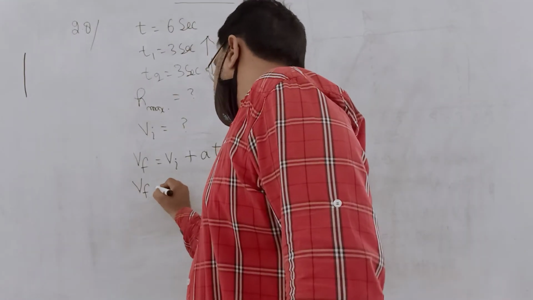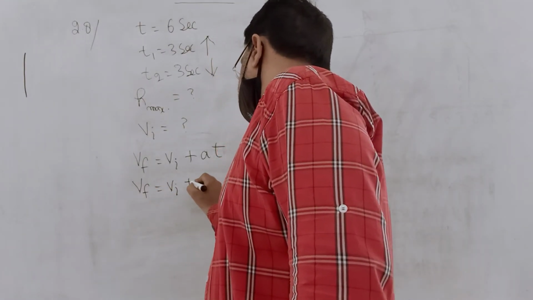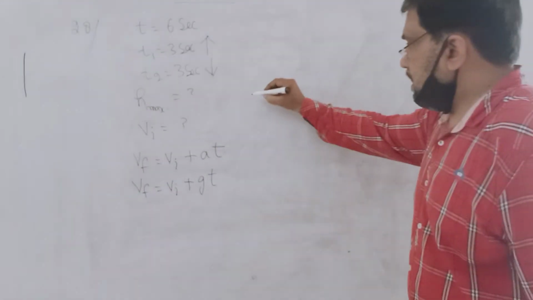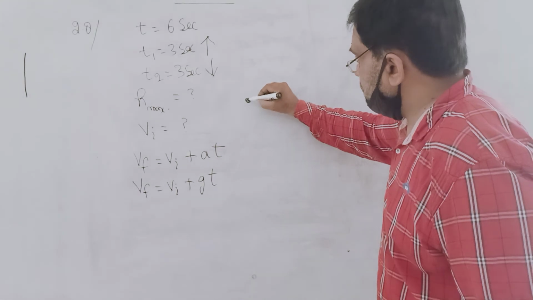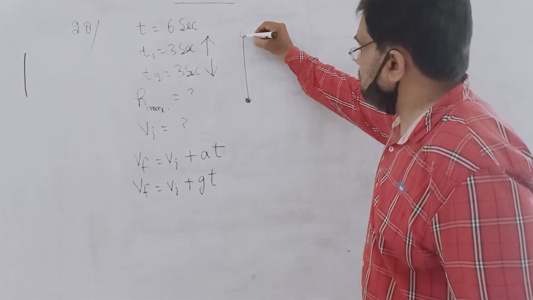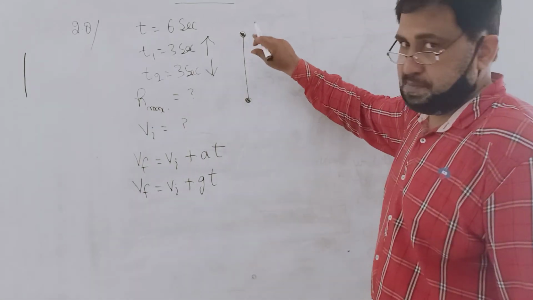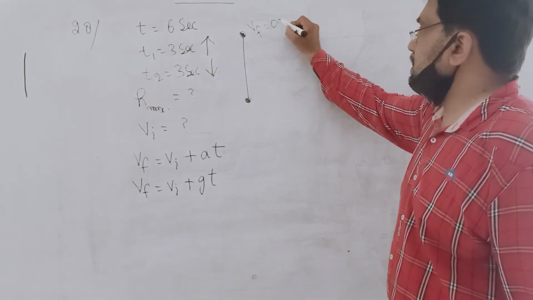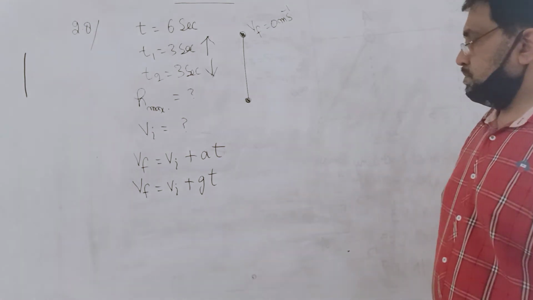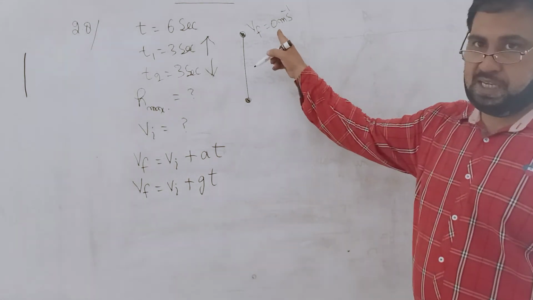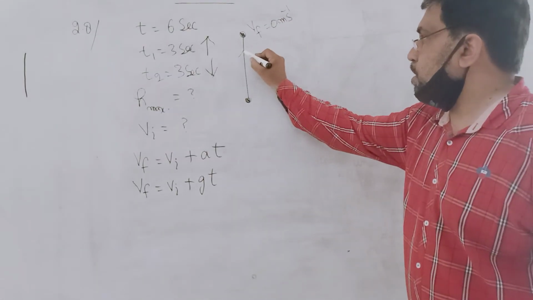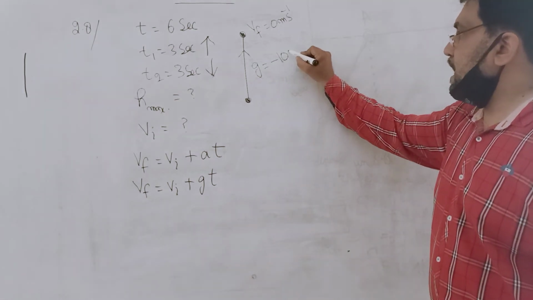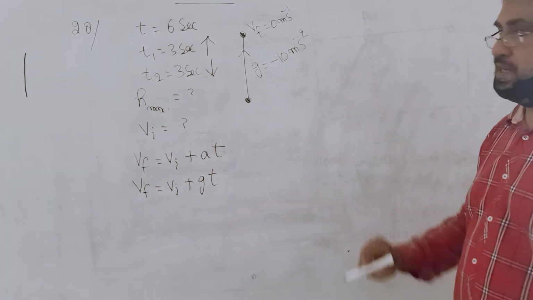Vf is equal to Vi plus gt. When the ball reaches maximum height, its final velocity becomes 0. And when the ball moves upward, the value of g is minus 10 meter per second square.